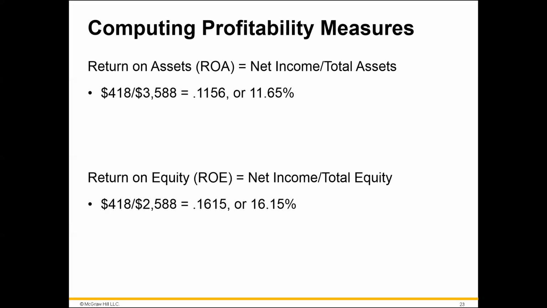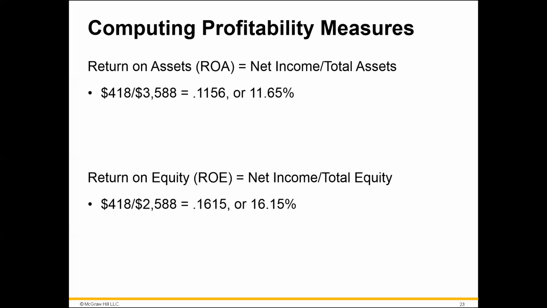For example, for the preferred corporation, that is 18.65%. What is return on equity? It just measures net income over total equity instead of total assets. For example, that ROE is 16.15%.